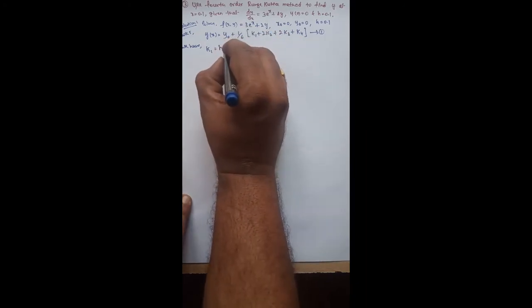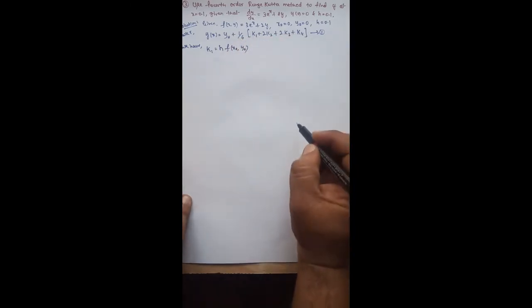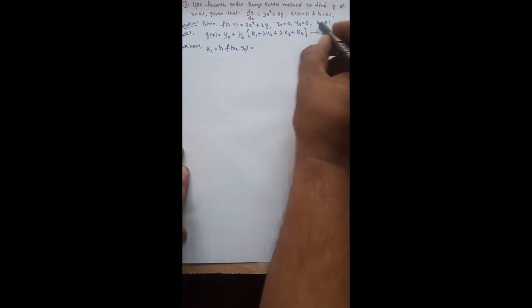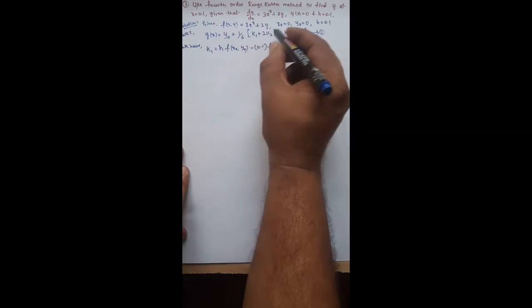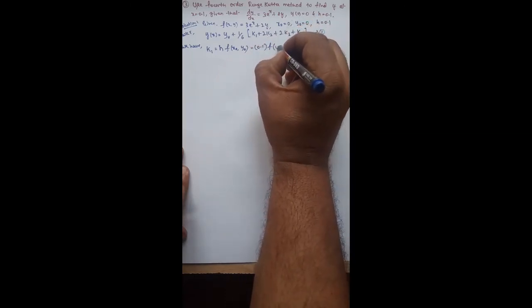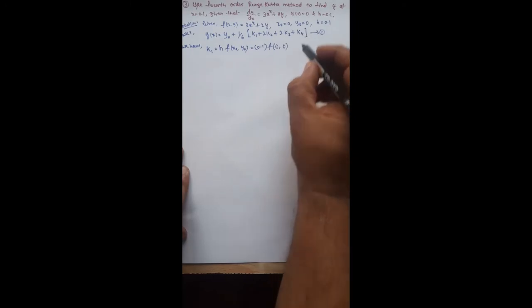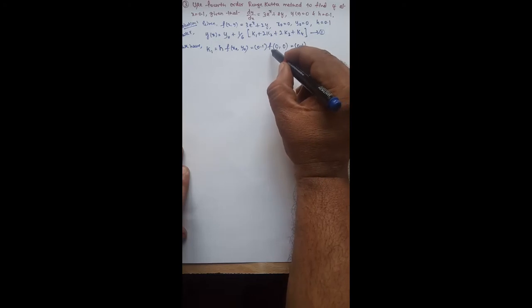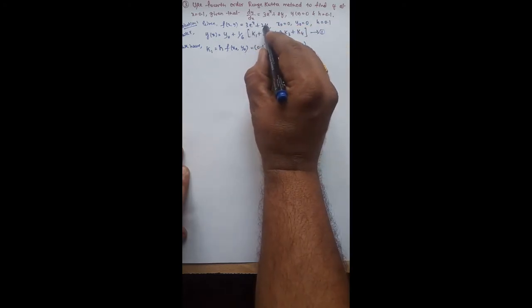It is h into f of x naught comma y naught. So this is equal to h, which is 0.1, into f of x naught comma y naught. X naught is 0, y naught is also 0. So this is equal to 0.1 into f of x comma y, which is 3 e power x plus 2y.